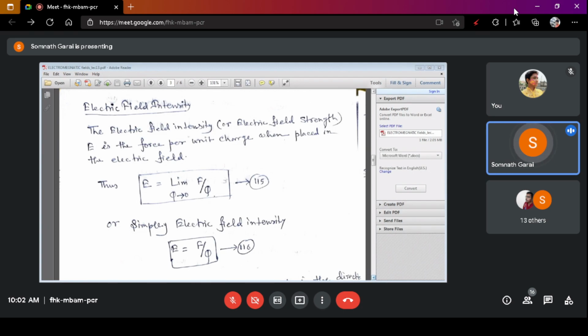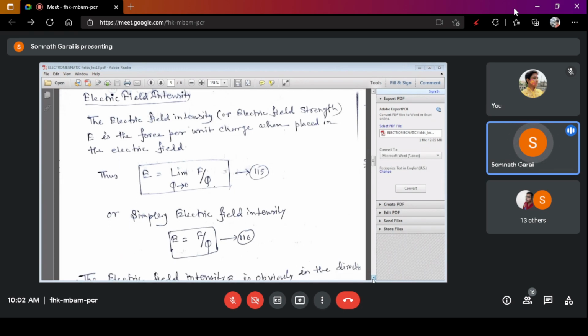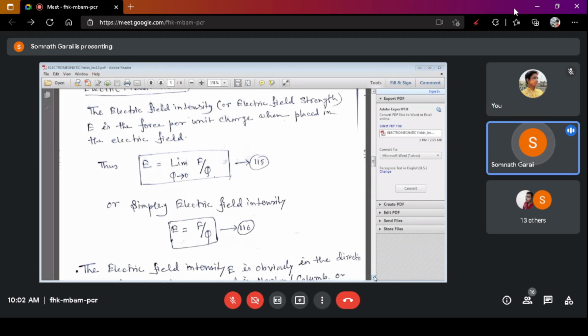Mathematically it is denoted as E equals F by Q. This is the straightforward equation of electric field intensity, where F is the force and Q is the charge. Force per unit charge means the value of Q is equal to unity.